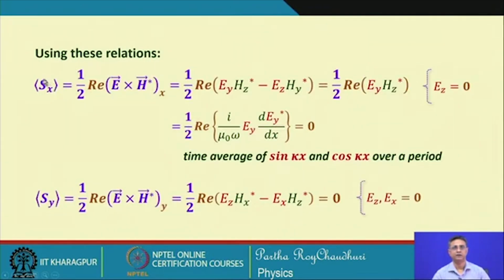So, for the S component of the Poynting vector, that is the Poynting vector which determines any energy flow along the x direction, we need to write this equation in this form: half real part of E cross H star and the x component of that. So, E cross H star can be written in this form: E y H z star minus E z H y star, but E z for a TE mode equals 0.